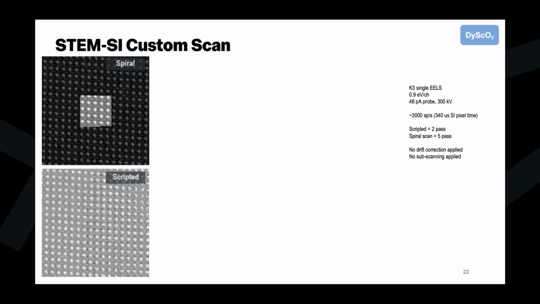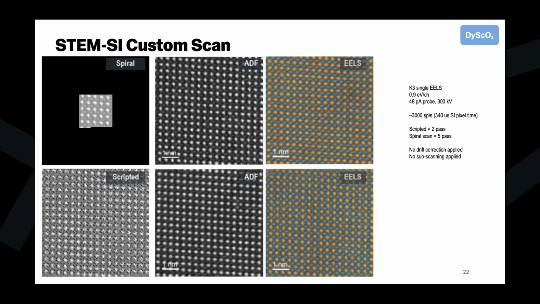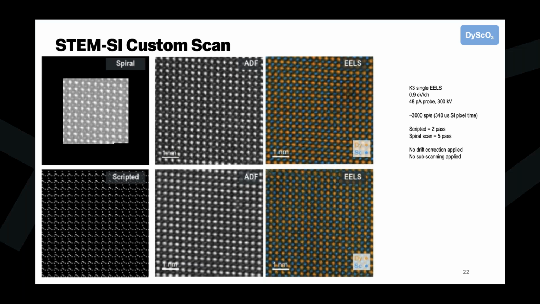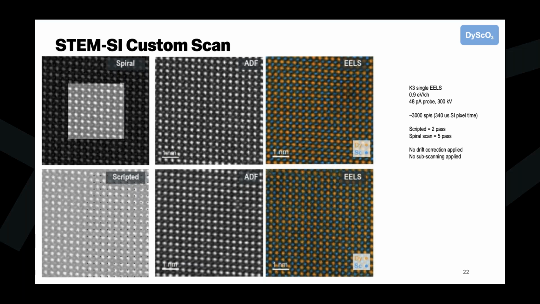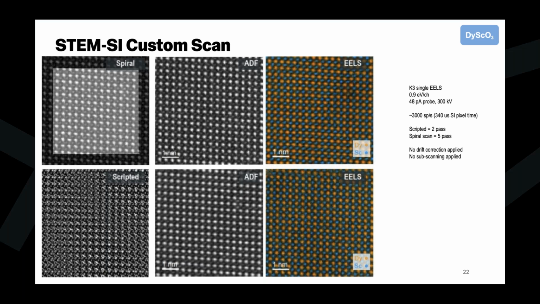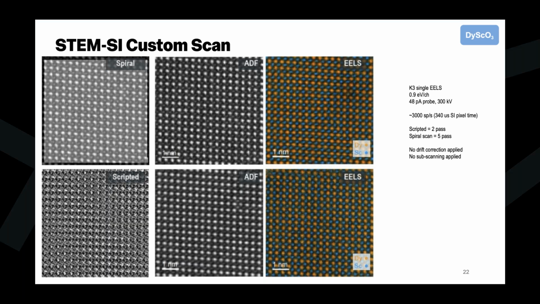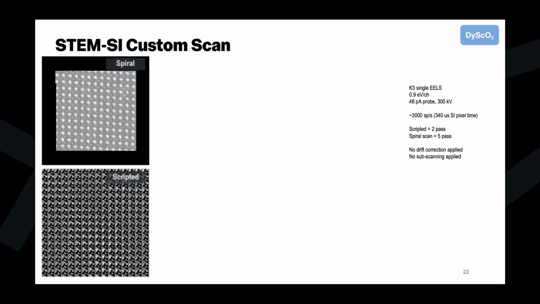On the top, we have a spiral scan, and on the bottom, we have a scripted one where you can use Python code to design your own script in Gatan as well. And these are just examples of ADF and EELS data, all acquired without drift correction and no subscan, so that we can compare and test how changing the beam path affects imaging and spectroscopy quality.